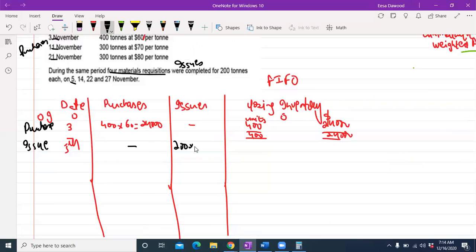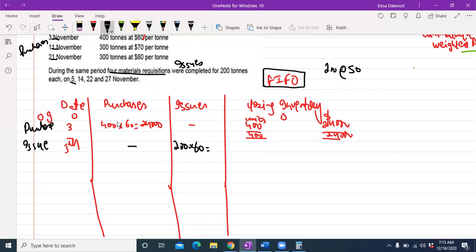Since it's the FIFO method, if we had items in the opening inventory, for example 200 units at 50, the first item out would be from the opening inventory, because that would be the first one.